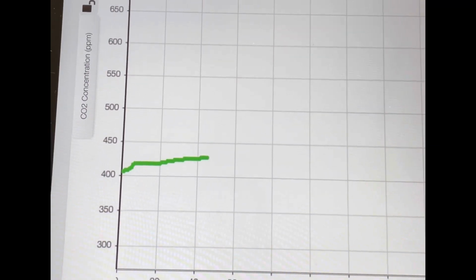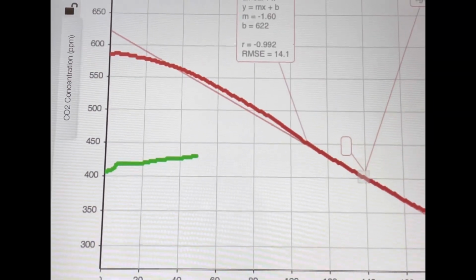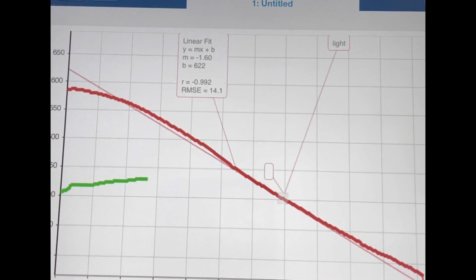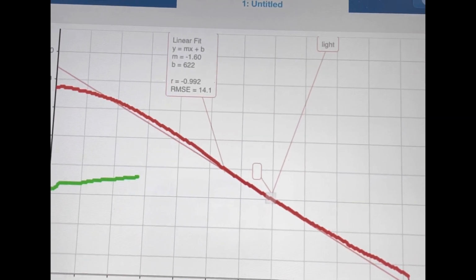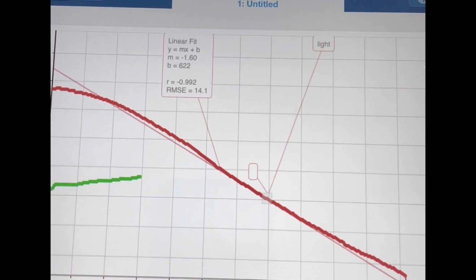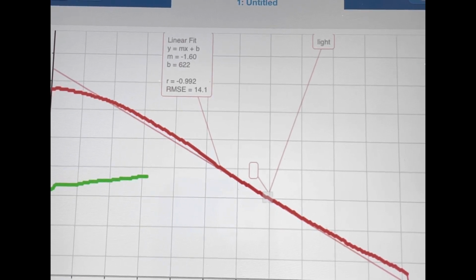So we're going to give it some time. There is my previous run. So notice we're going to go right to 220. So we'll stop at 220.